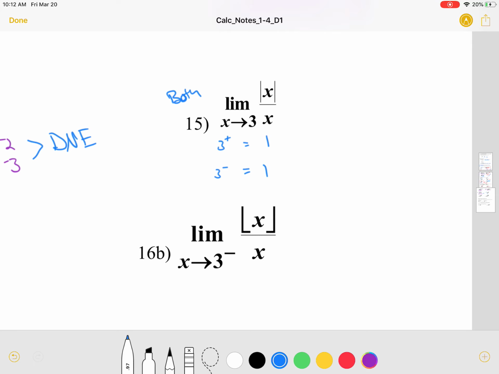I plugged in 3.1 in my head. I plugged in 2.9 over here. They both got me 1. My limits are the same.